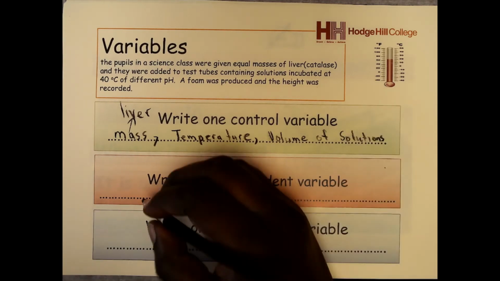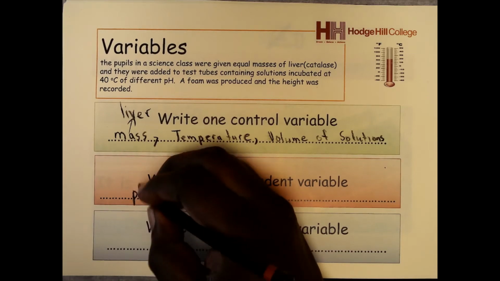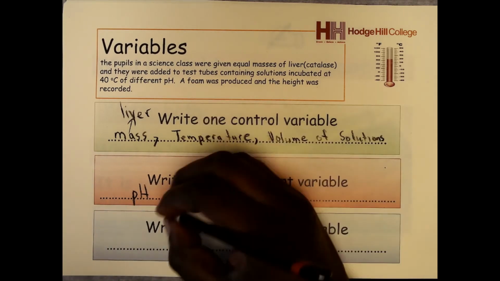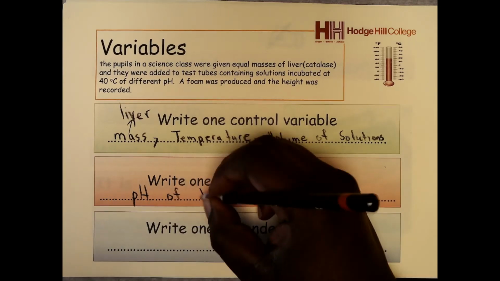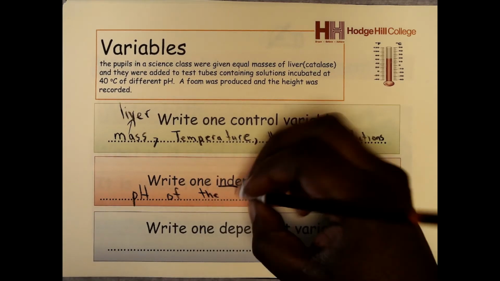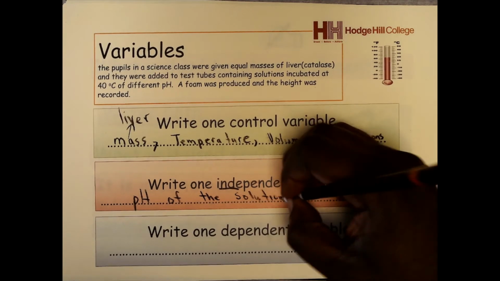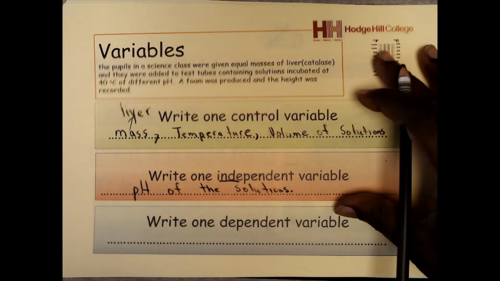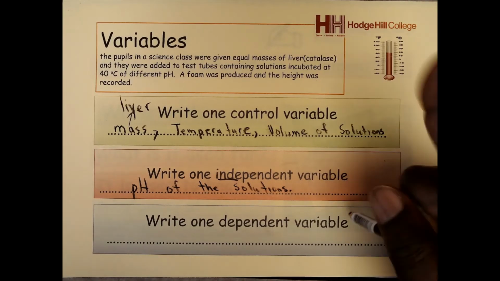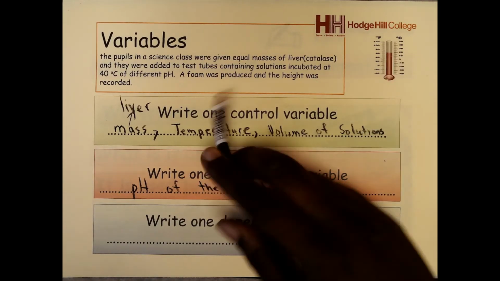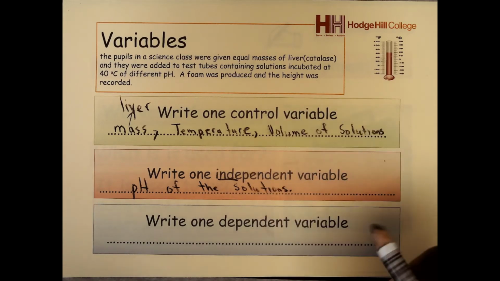So we have different pHs, and so the pH of the solutions. Now, when it comes down to the dependent variable, this is what we measure, and that would be the height of the foam.